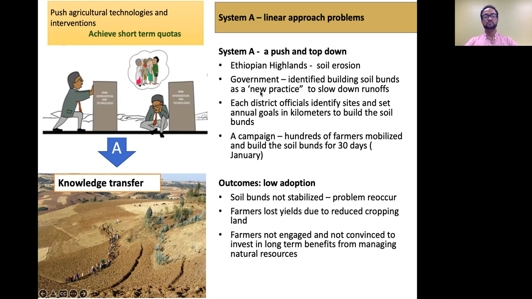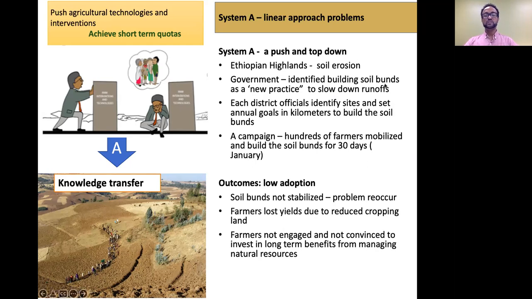Then they have a big ambition to solve the problem in a short time, and they decentralize this strategy and request each district official to identify sites and set annual goals, in kilometers, to build the soil bunds.